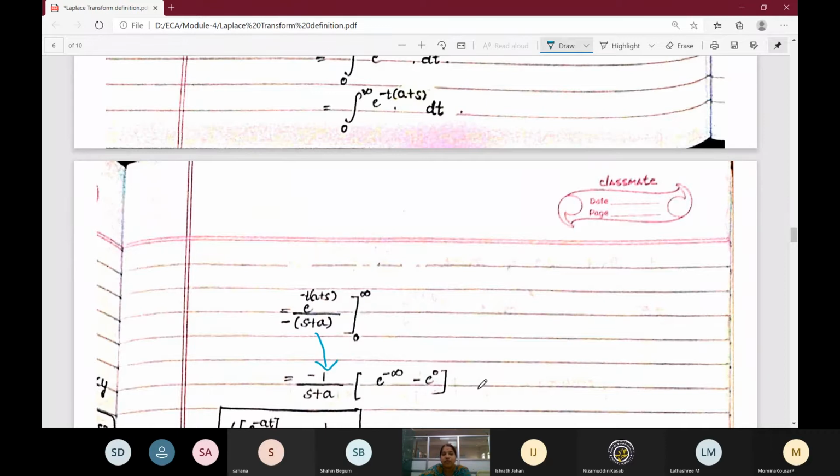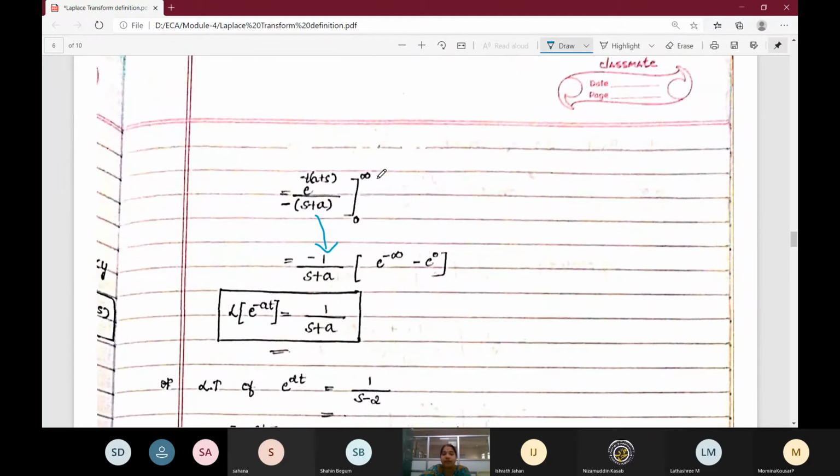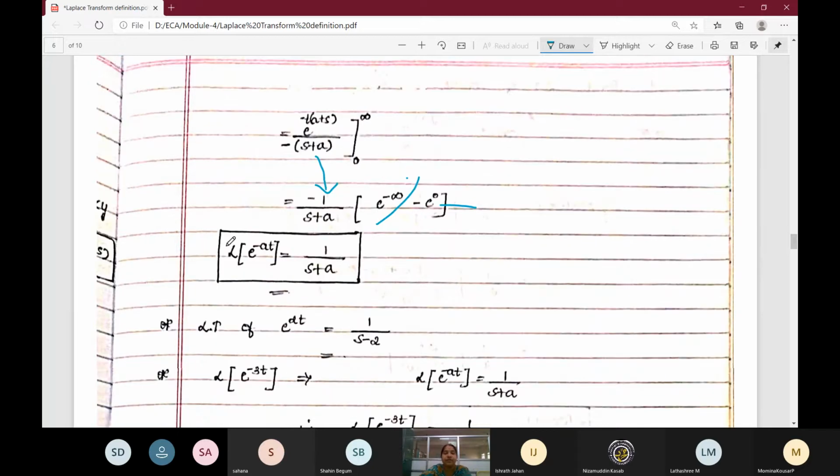So what will be in the bracket after applying the upper limit and lower limit? You will have e power minus infinity minus e power 0. The first term is nothing but 0, and this is 1. So minus of minus will become plus. So the Laplace transform of e power minus at is 1 divided by s plus a.